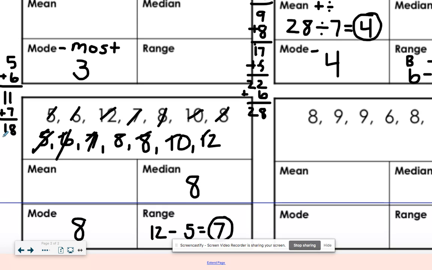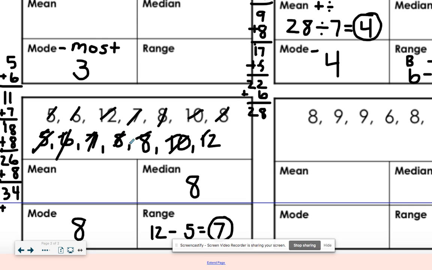Plus, we have our 8. We're up to 26. Then we add another 8, to get us to our 34.